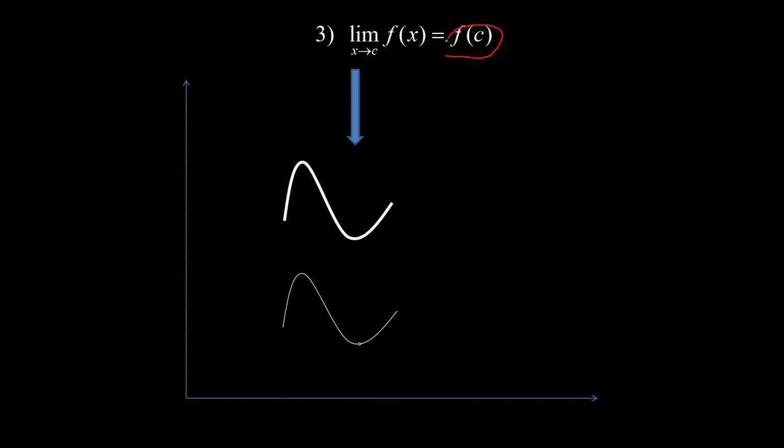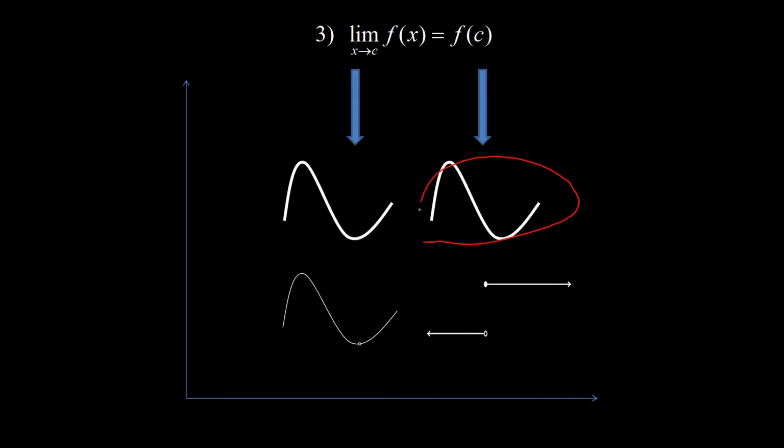Now, if the function is everywhere defined, then we know we have a solid line or a line that is broken.